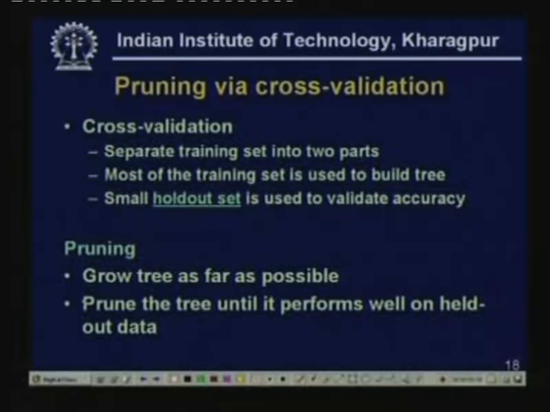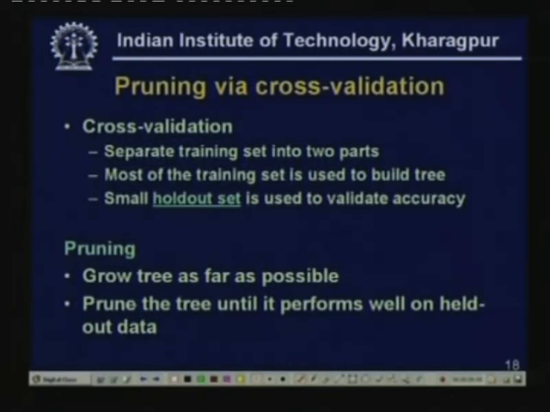We have another set called the holdout set or validation set, which we use for validating the pruning. So we separate the training data into two parts. Most of the training data is used to build the tree, and this holdout set or validation set is used to validate the accuracy.